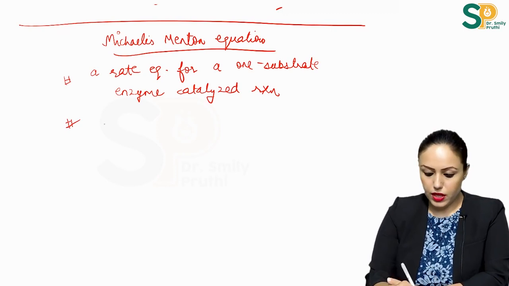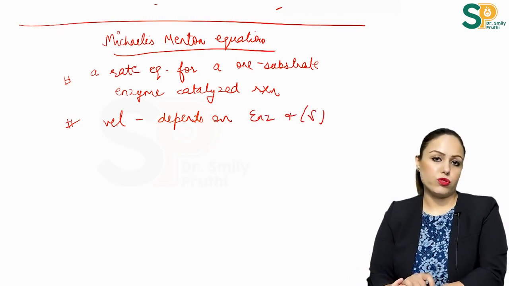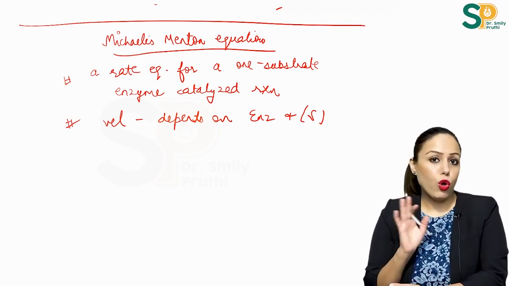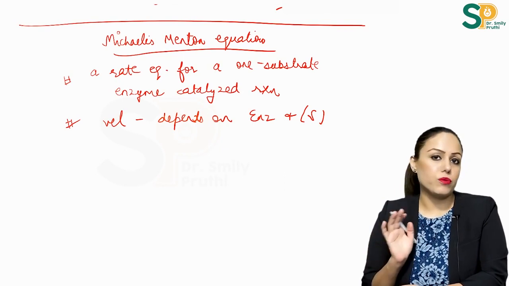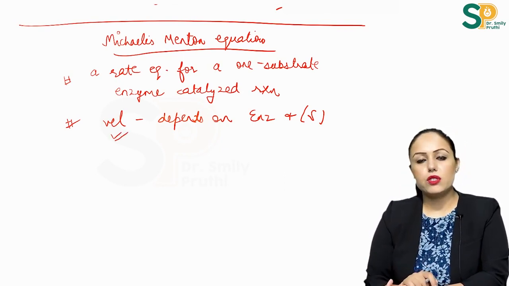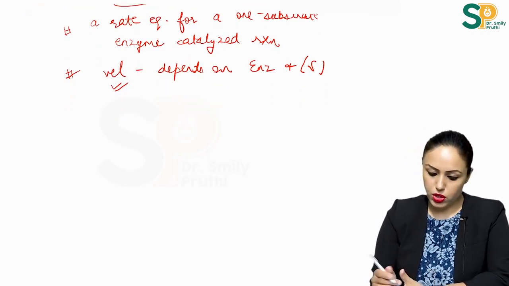And this equation tells that velocity depends on enzyme as well as substrate concentration. Okay? Earlier I told you Km will not depend on changes in enzyme or substrate concentration, right? Now I'm telling you that velocity depends both on enzyme as well as substrate concentration.